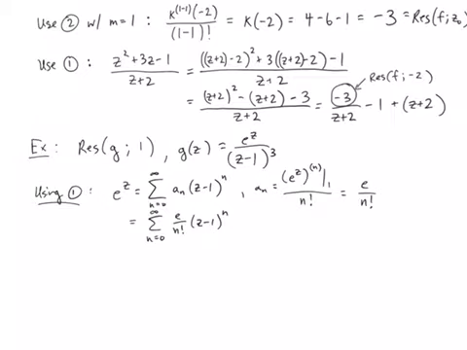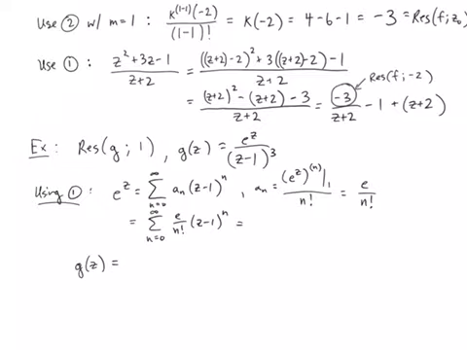And so our g(z) equals, well, we just got to multiply this by 1 over (z − 1)³. So let me just write this out explicitly. It'll be easier this way.